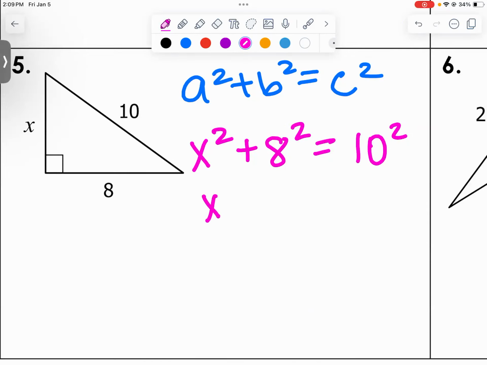Okay. So we have x squared plus 64 equals 100. Now, what are we going to have to do to get x squared alone? We're going to have to subtract 64.